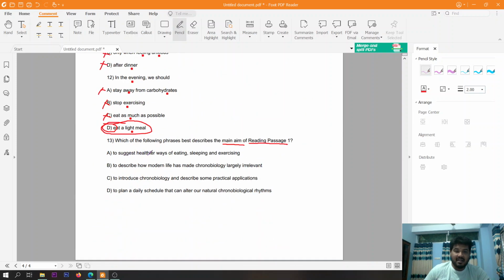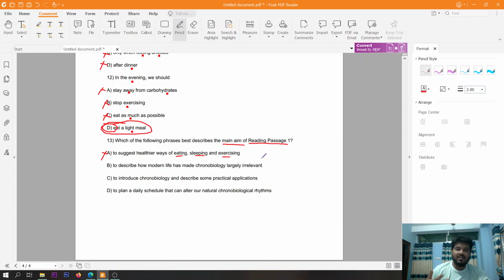So, to suggest healthier ways of eating, sleeping and exercising. Well, not really. From the reading of our passage, we can pretty much take a guess that this is not the answer, because it doesn't really give us suggestions about eating healthier.